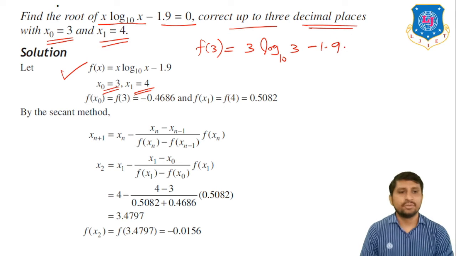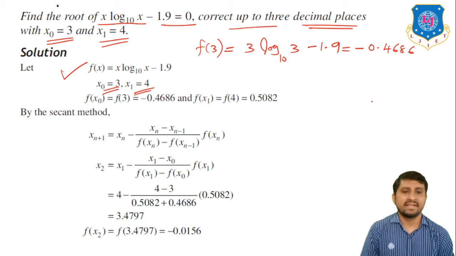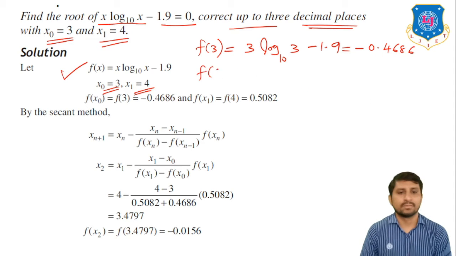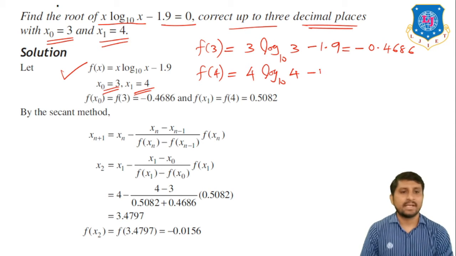Please, all students, check this value in your calculator. You will get minus 0.4686. And f of 4, that is 4 log 4 base 10 minus 1.9, you will get 0.5082. So one value is negative and one value is positive.